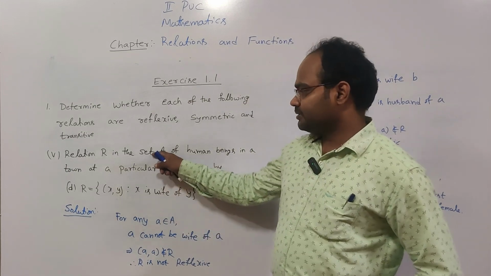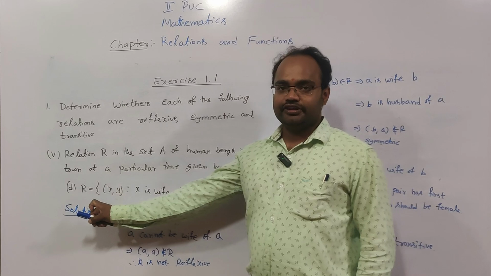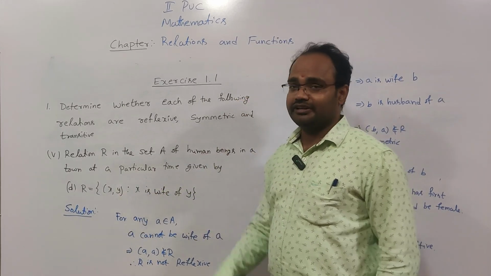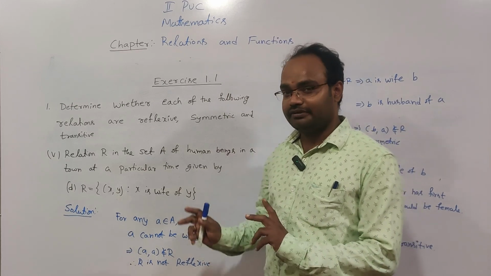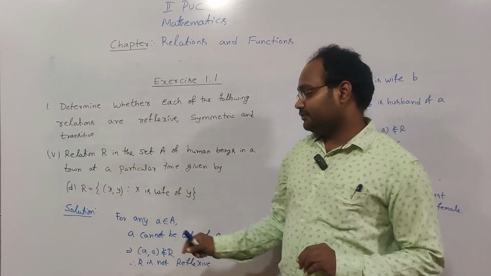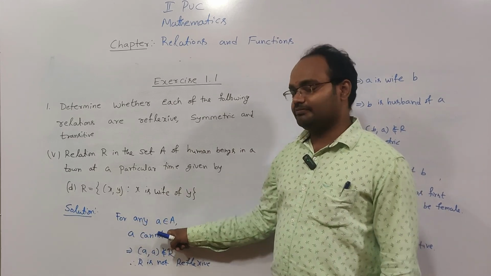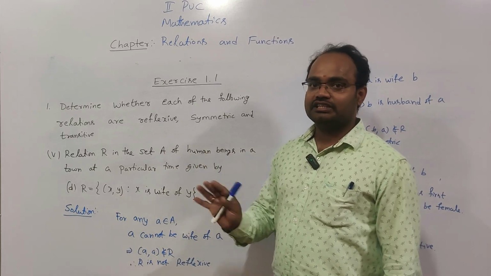Okay, next, fifth subquestion, subpart D. The relation is defined like this: R is equal to x comma y such that x is wife of y. It cannot be reflexive. Why? If you consider any human being, that person cannot be wife of the same person.